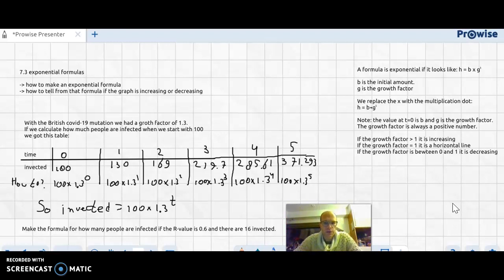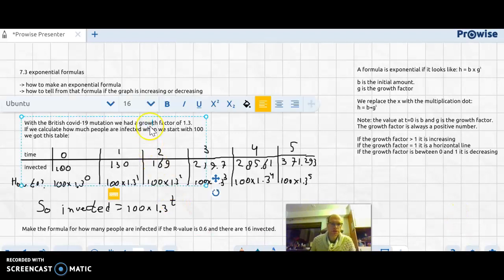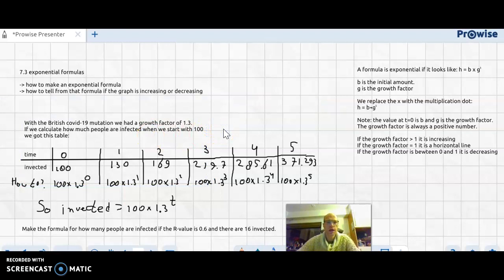If you remember, we had the British COVID-19 mutation and we had a growth factor of 1.3. The growth factor was basically what you needed to multiply the old number with to get a new number.